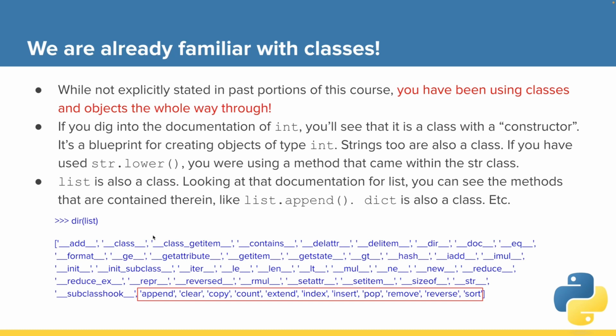So we're going to be creating our own classes with our own methods and our own attributes. And we can create constructs very similar to the built-in constructs of Python, like these data types.